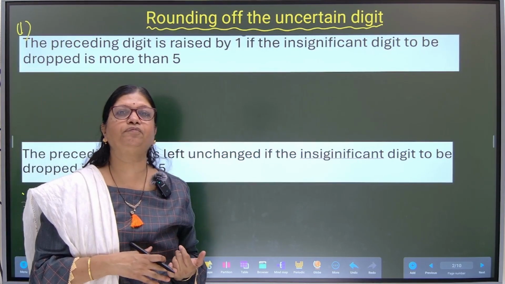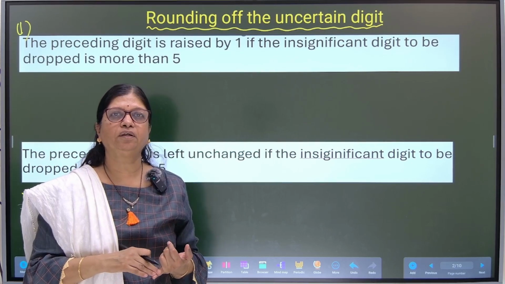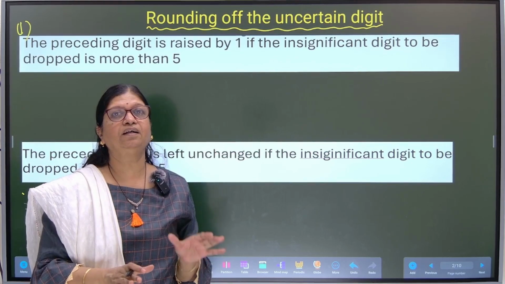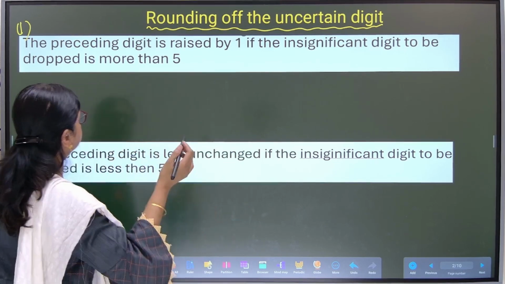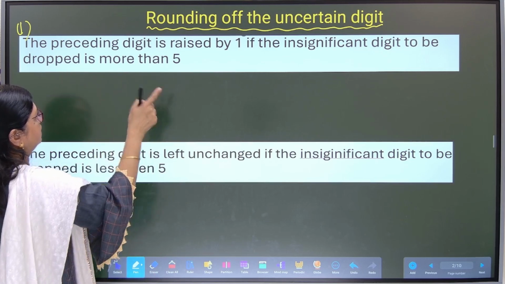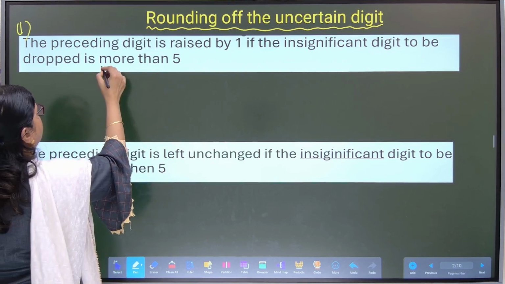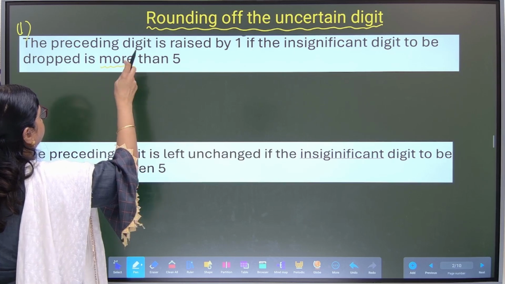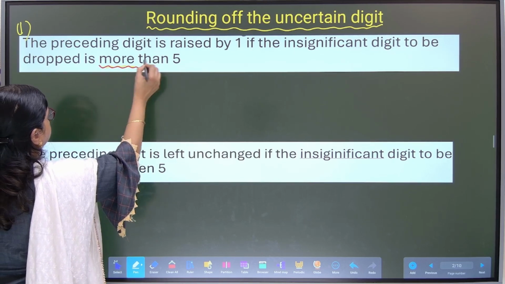Why is it to be dropped? So that we reach the correct significant digit. Simple. So let us take an example in which the insignificant digit which is to be rounded off is greater than 5.